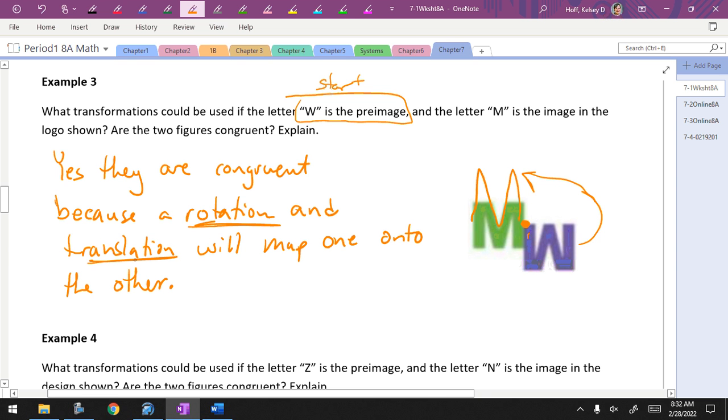Most important that you tell me rotation and translation.